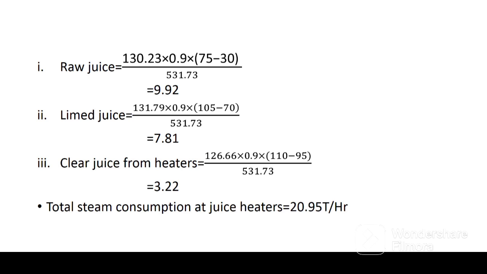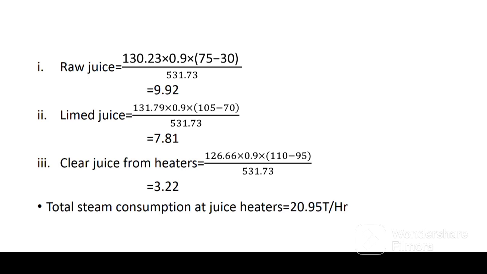The next one is clear juice from the heaters. The quantity of clear juice I've said is 126.66. The specific heat capacity of juice is 0.9. For the temperature change, the initial temperature of clear juice was 95 and the final temperature after heating was 110. So to get the temperature change, you take 110 minus 95, that's 15.